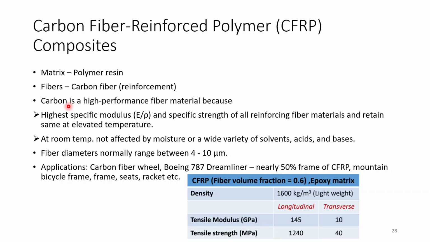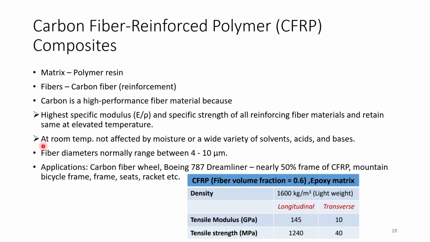So when you divide your modulus by density, you will get the highest value for carbon. It also has the highest specific strength of all reinforcing fiber materials and it retains it at elevated temperature. And at room temperature it is not affected by moisture or a wide variety of solvents, acids and bases.